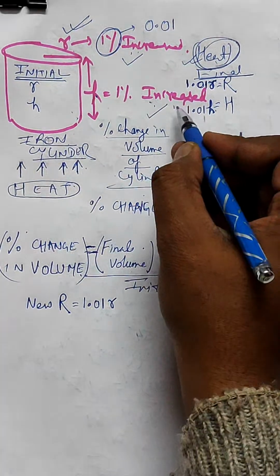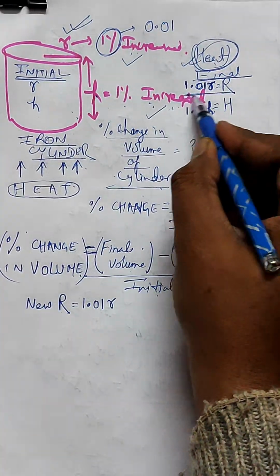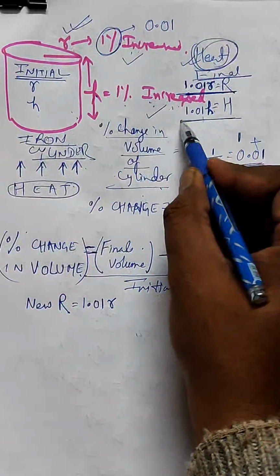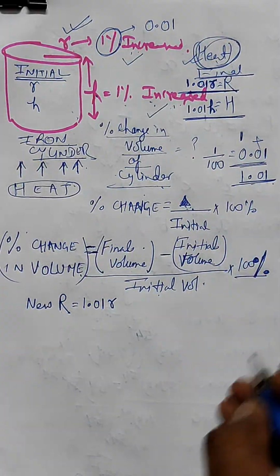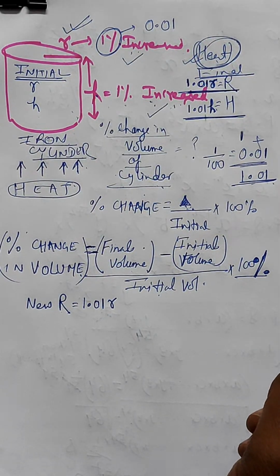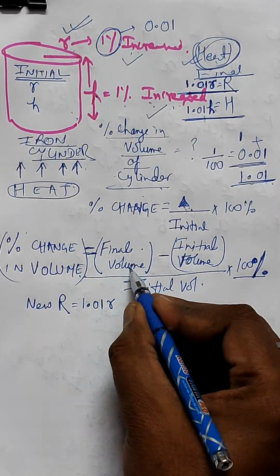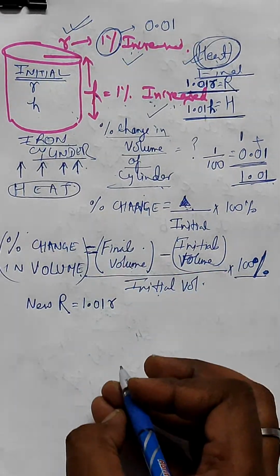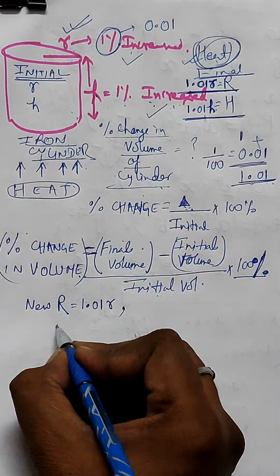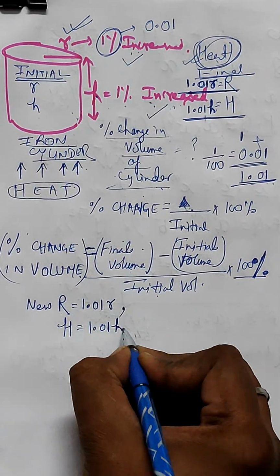After the 1% increment, the new radius capital R will be 1.01 r and capital H will be 1.01 h, where the new cylinder has capital R and capital H as its dimensions. Let's say the final volume comes with capital R and capital H. So here R is 1.01 r and capital H is 1.01 small h, right?